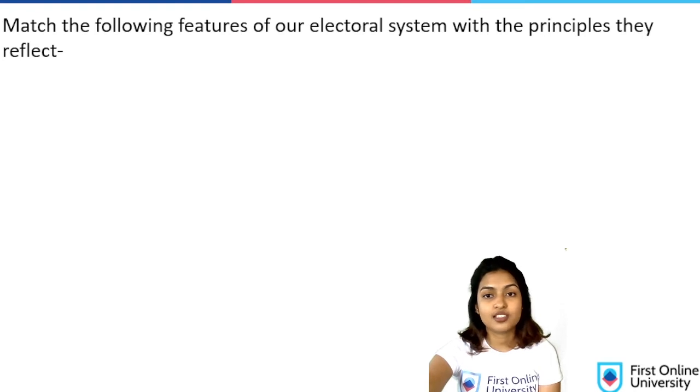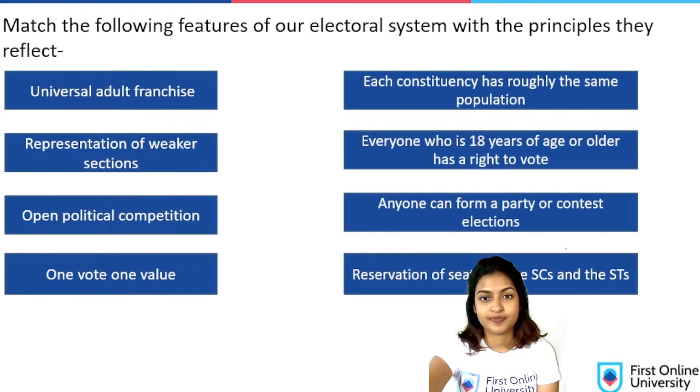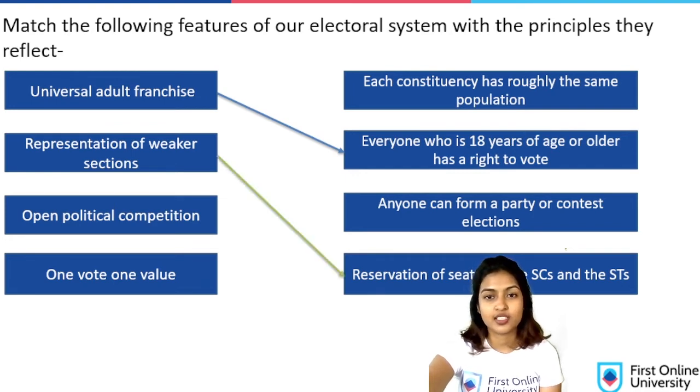Match the following. Let's match the following features of our electoral system with the principles they reflect. Okay, so we have a few statements here and the principles that we need to match it to. Universal adult franchise, that means everyone who's 18 years of age or older has a right to vote.